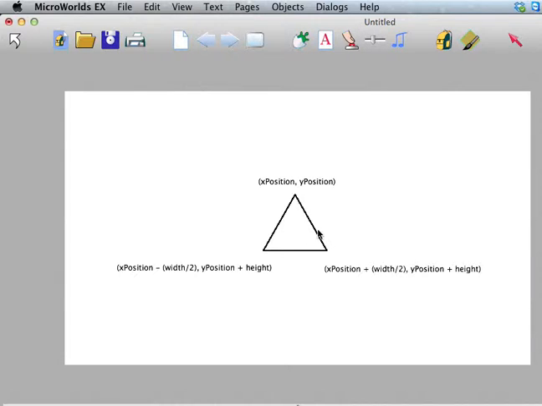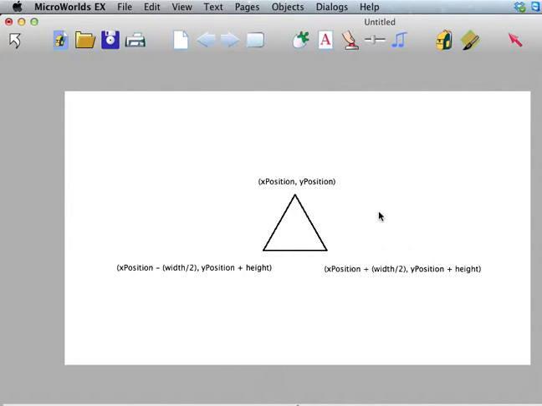Okay, so I think if you keep this picture in mind, where your X position and Y position are relative to the triangle, this top point here, and then your leftmost point over here is your X position minus width over 2, which is the farthest X that you have to the left, and the farthest X you have to the right is your X position plus width over 2.